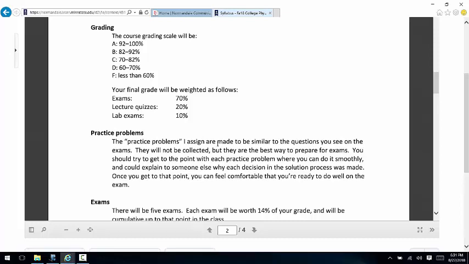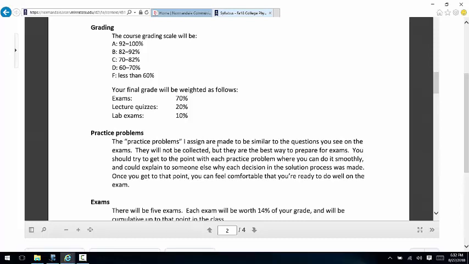And if they ask questions about why this is negative here, or why this is a square root, you would be able to explain why each one of those steps is made. If you can get to that point without looking at the solutions, explaining at every point why you made the decision you made, then you're going to do great on the test.